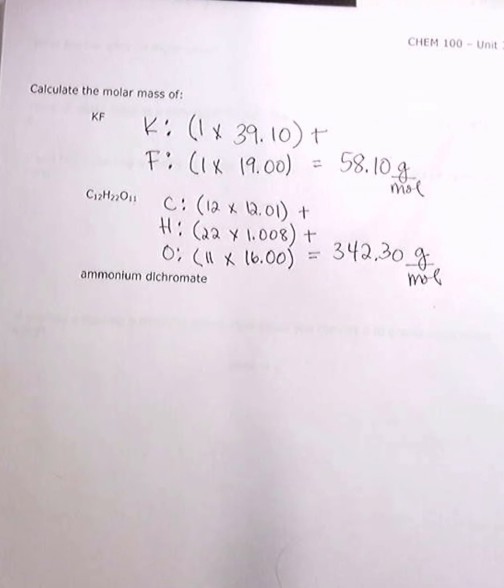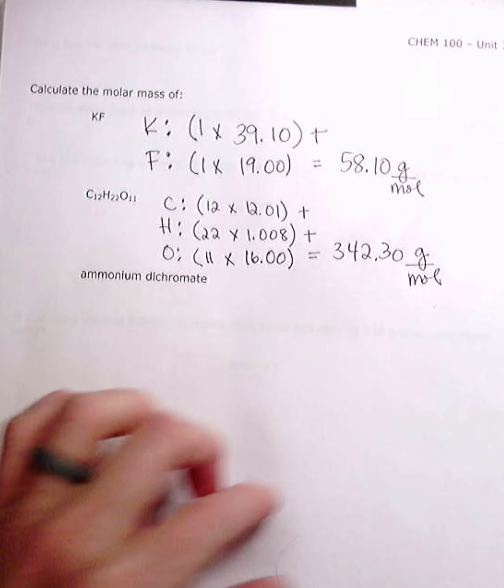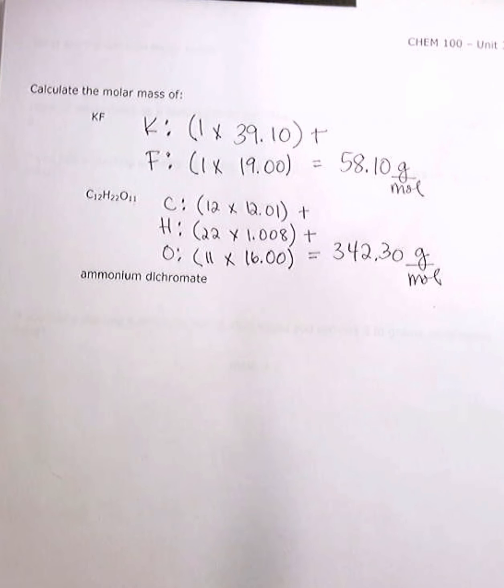All right, ammonium dichromate. I'm making you work on this one. I'm always trying to have you remember those pesky polyatomic ions because students don't think that they need to memorize their polyatomic ions. So I want you to try your hardest to come up with the formula of ammonium dichromate and the molar mass of ammonium dichromate.